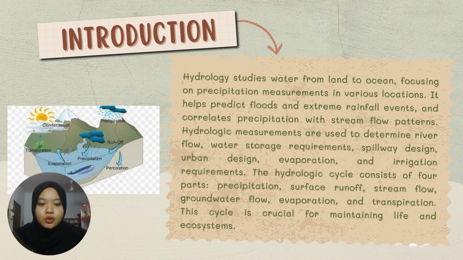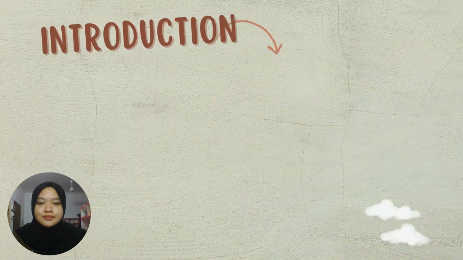Hydrologic measurements are used to determine river flow, water storage requirements, spillway design, urban design, evaporation, and irrigation requirements. The hydrologic cycle consists of precipitation, surface runoff, stream flow, groundwater flow, evaporation, and transpiration. This cycle is crucial for maintaining life and ecosystems.